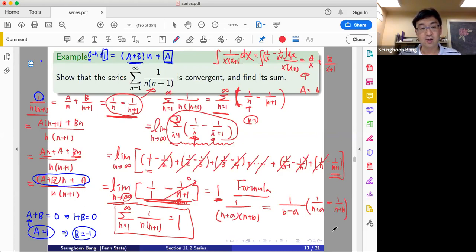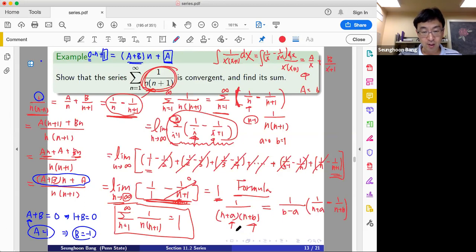This is another idea. So what does it mean? This form is given. You can compare it with 1 over n times n plus 1. So you can find a and b. What is a? What is b? In this case, n plus 0, so a is 0. n plus 1, so b is equal to 1.